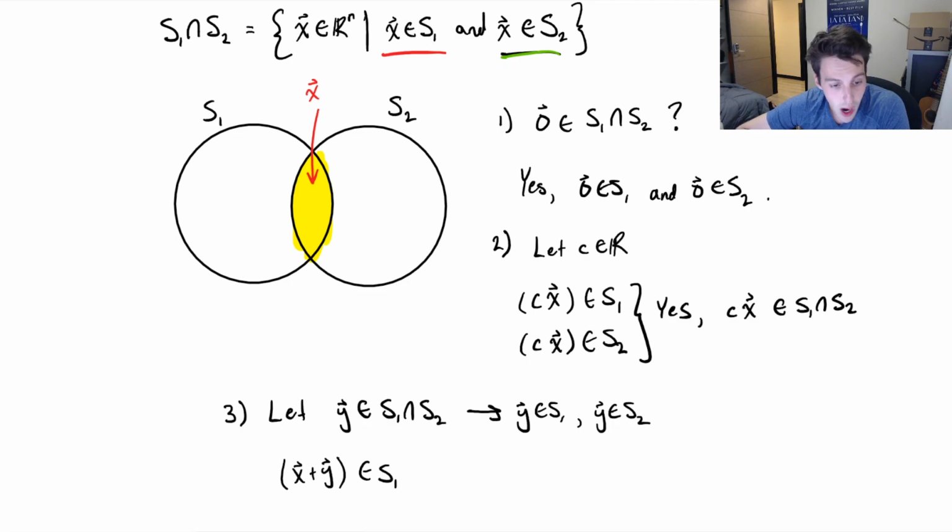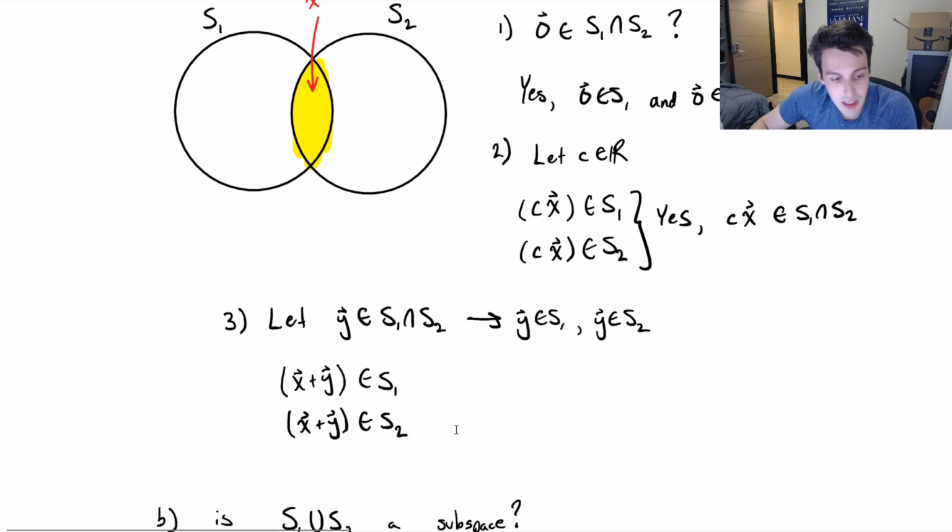Since x and y both belong to S1 and S1 is a subspace, we know that x plus y is in S1, since S1 is closed under vector addition. We can apply the same logic and say that since x and y both belong to S2, S2 is closed under vector addition, so x plus y is in S2. And since x plus y is both in S1 and in S2, that means that x plus y is in the intersection.